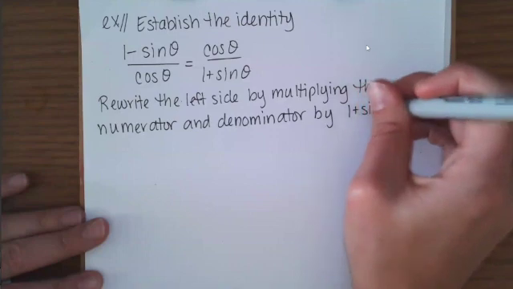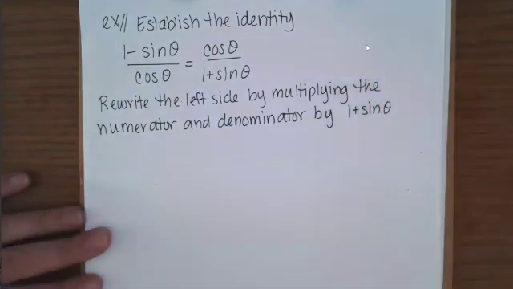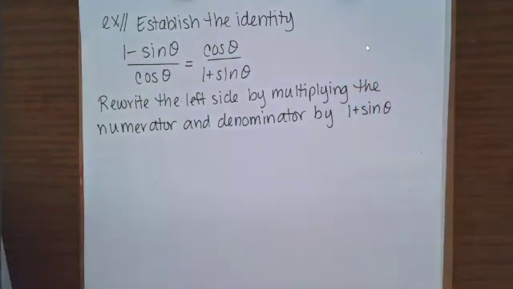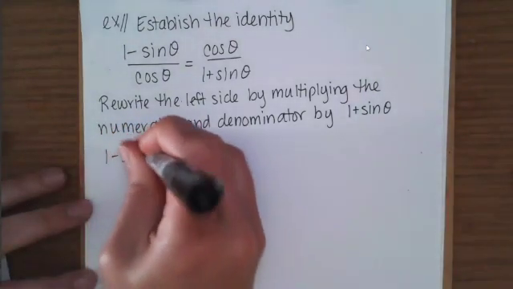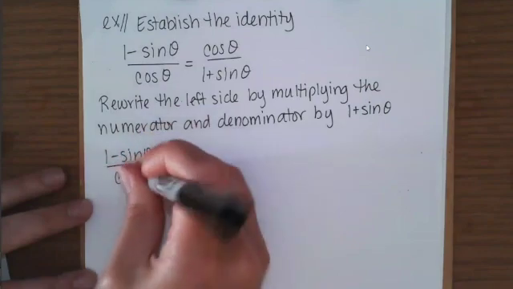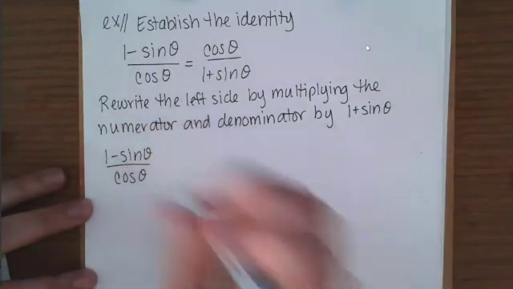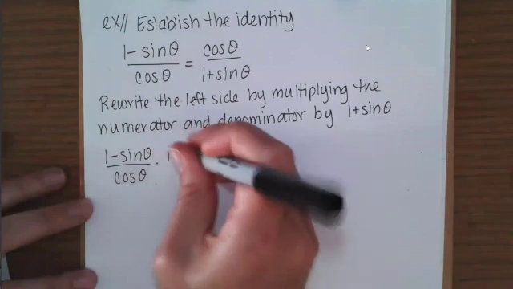So we didn't have to figure that out on our own. MyMathLab told us that. So we're starting with the left side, (1 minus sine of theta) over cosine of theta. And we're going to multiply by (1 plus sine of theta) over (1 plus sine of theta).